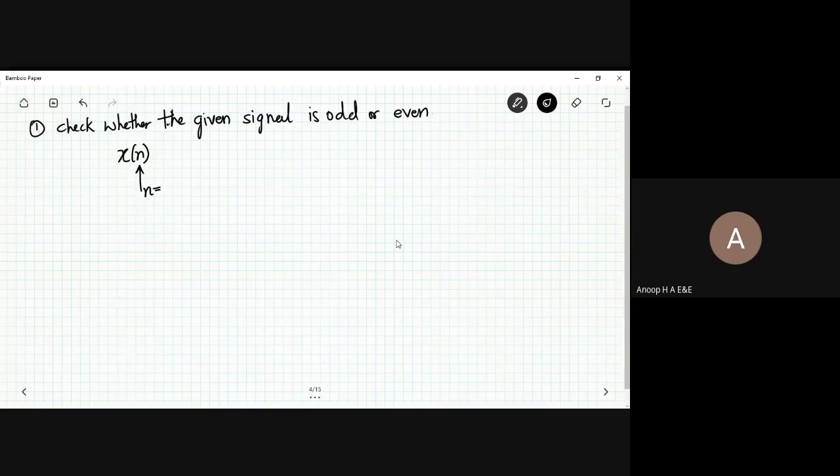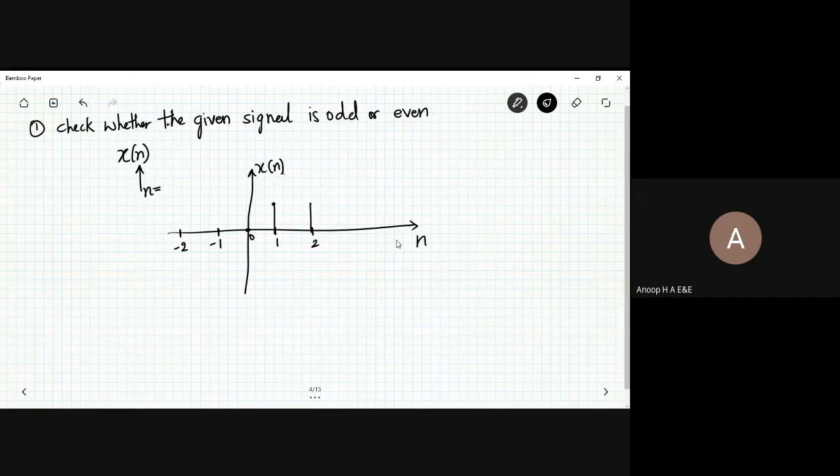So let me sketch a signal here carefully. Okay, so this is n and this one is x of n. So this is 0, this is 1, this is 2. Here this is -1, here this is -2. Okay, so at 1 and 2 the magnitude is the same.